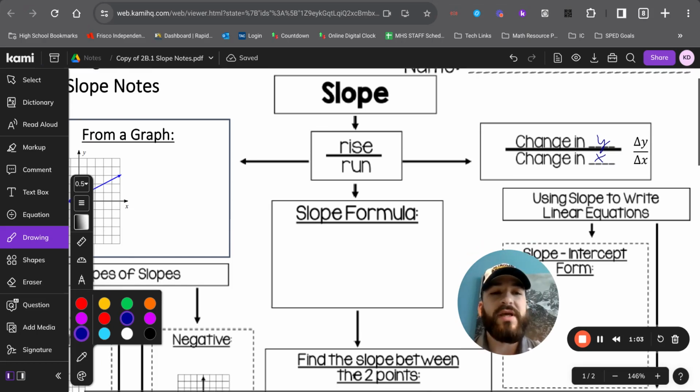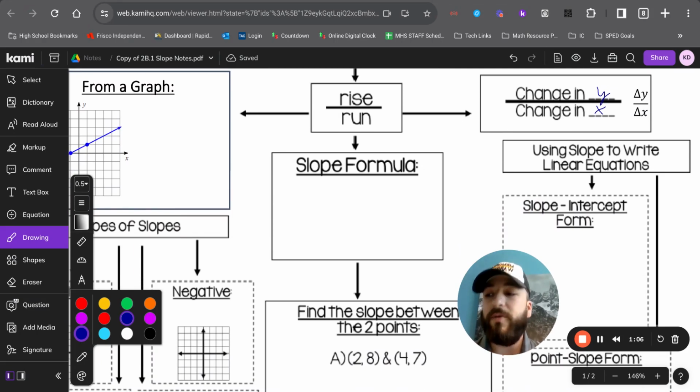And we can actually use a very special formula to help us understand and find that rise over run. And it is that slope formula. So the slope formula is y2 minus y1 over x2 minus x1.